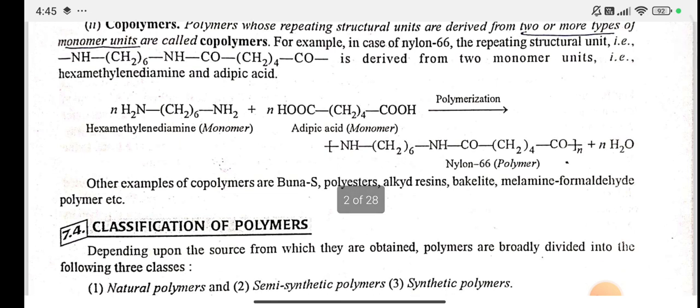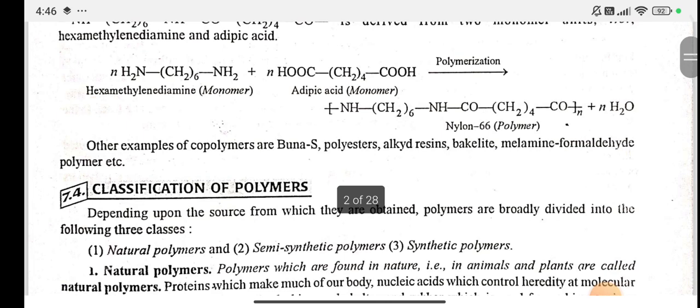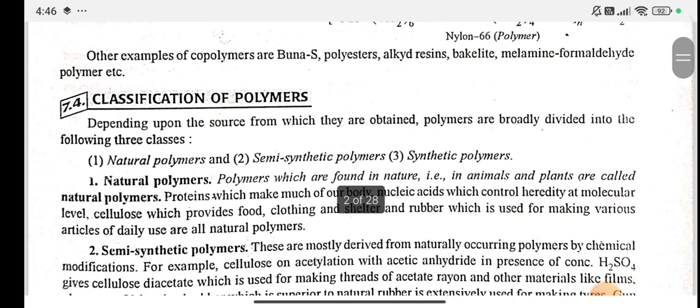Hexamethylene diamine, a monomer, plus adipic acid, a monomer, on polymerization give nylon 6,6 polymer. Other examples of copolymers are Buna-S, polyester, alkyd resins, Bakelite, melamine formaldehyde polymer.